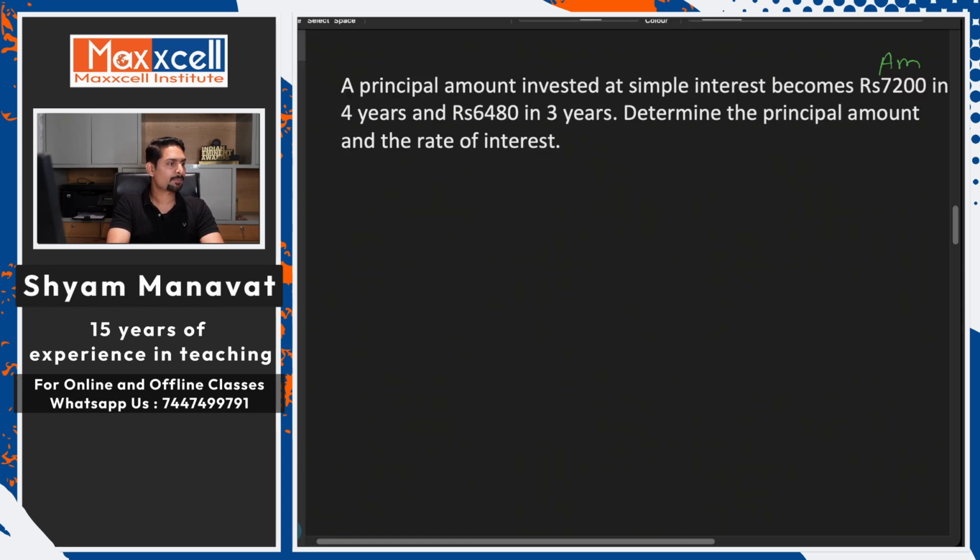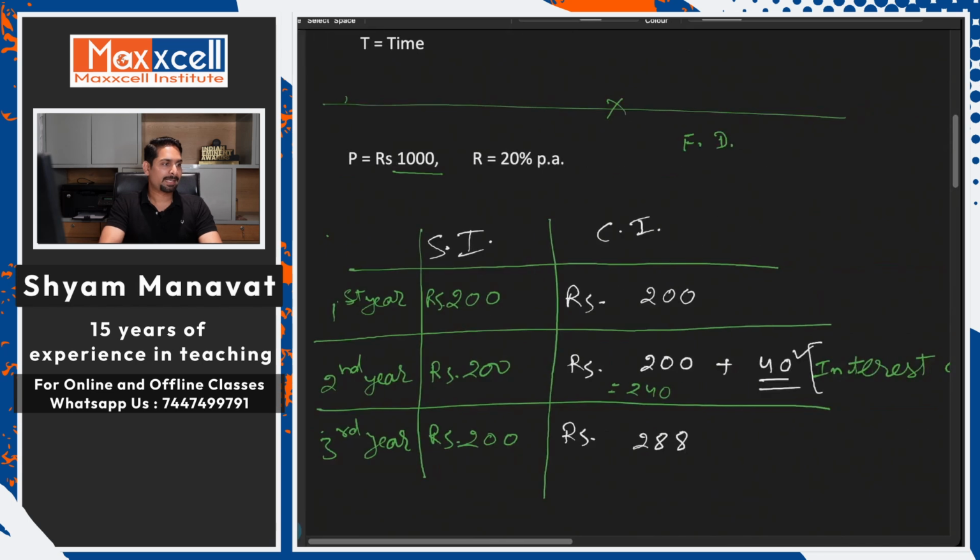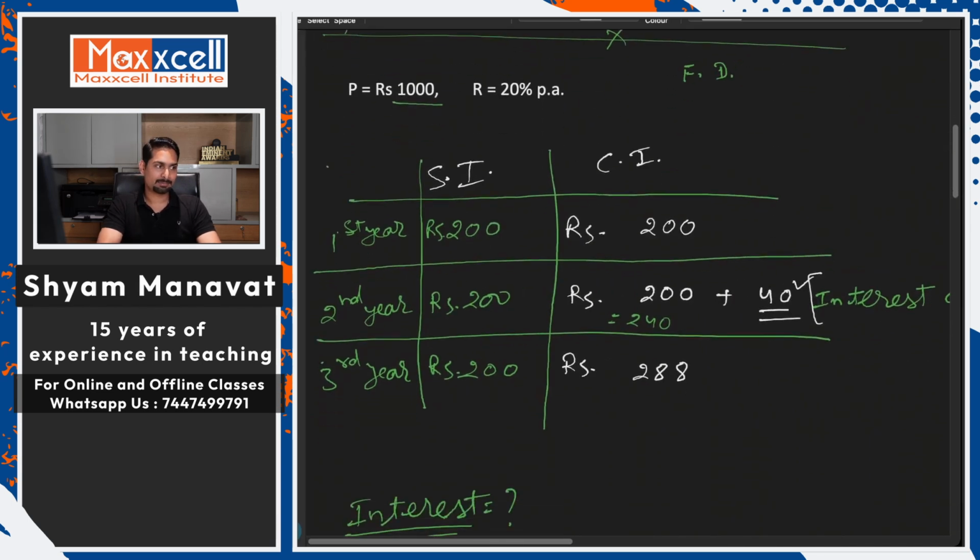We'll do it using the same formulas. If you want to try it by yourself, pause this video, note the question, and try solving it. Rest of you, be with me. Now, in the first lecture, we discussed this table, and I hope you remember it. What is the link of this table with today's question?